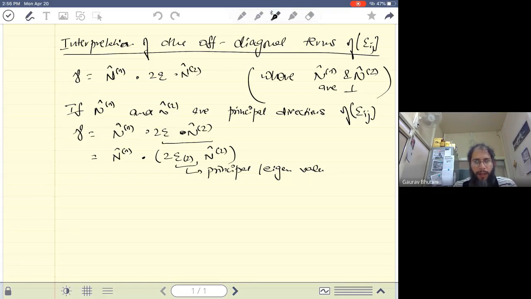So that's the second eigenvalue for the second eigendirection. Okay, so we have used the rule Ax equals lambda x. So now epsilon 2 is simply a scalar, an eigenvalue, so we can take this out. So we get twice epsilon 2 times n1 dot n2. And since n1 and n2 are mutually perpendicular to start with, this is 0.